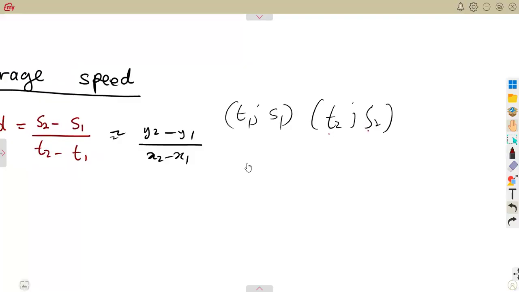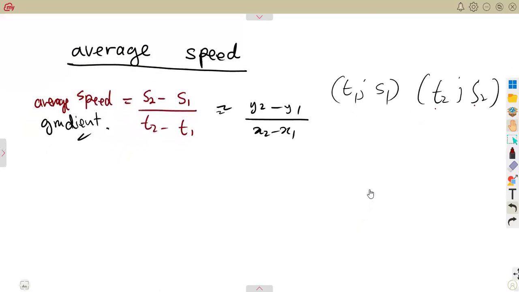The points that you are given are the points that you are going to use in determination of the average gradient. Of the average speed, which is the same as the average gradient, actually.